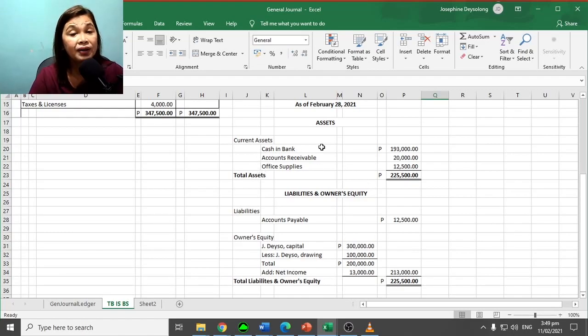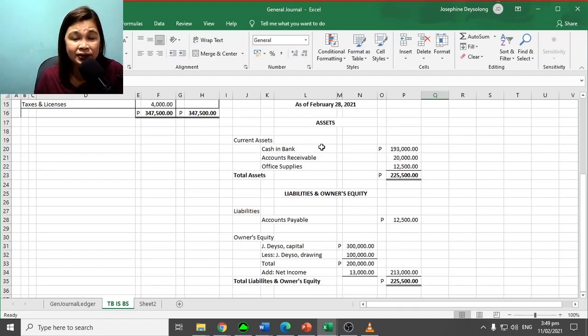There are different kinds of assets: current assets, non-current assets, and property, plant, and equipment. But for purposes of this module, we only have very simple assets. If there are no non-current assets, you simply write assets.